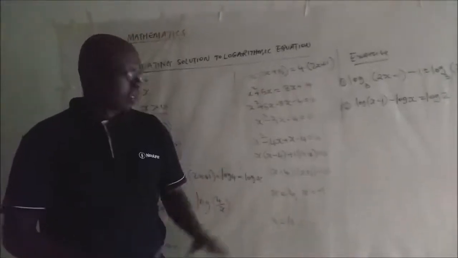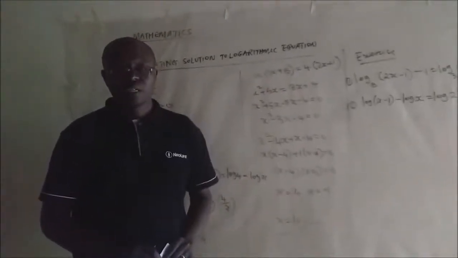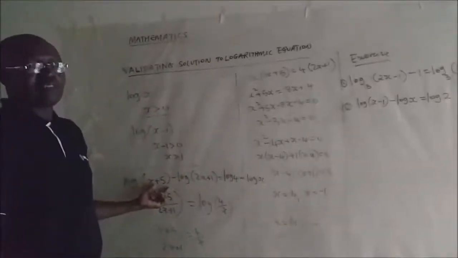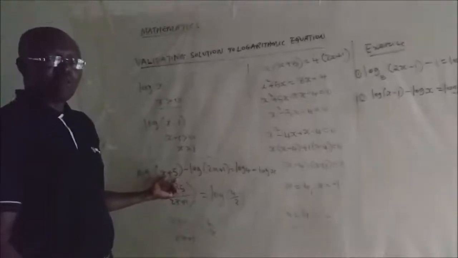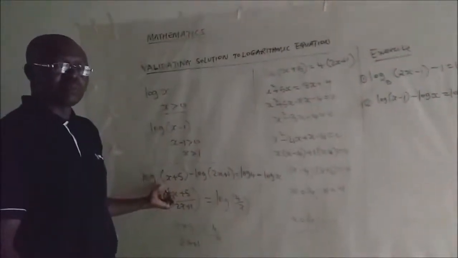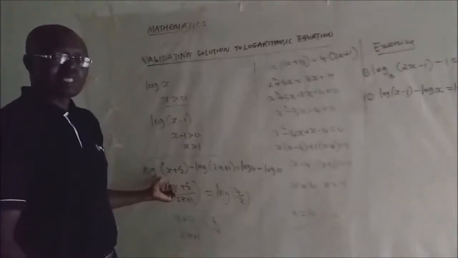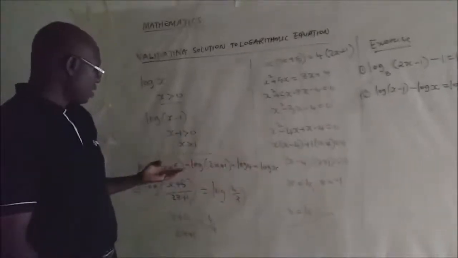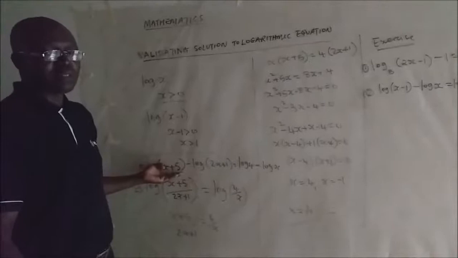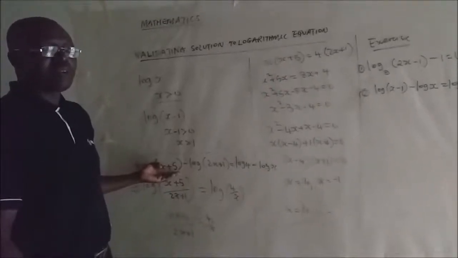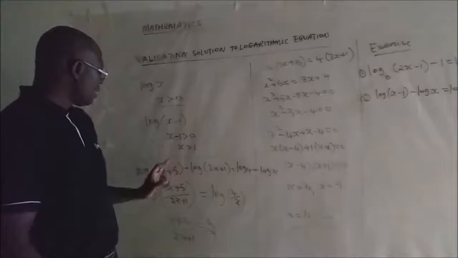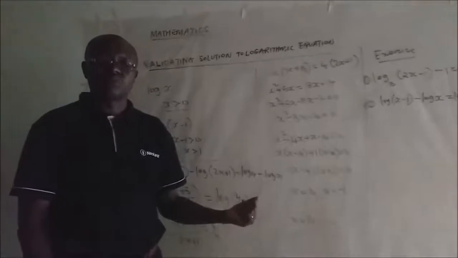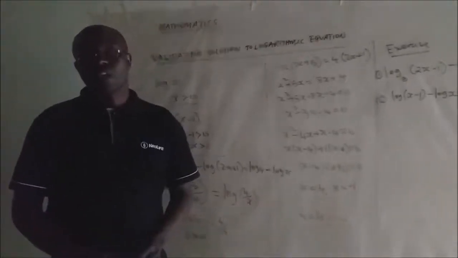Remember, whatever values of x that you get, you must test each value of x by substituting it into every argument of the log expression in the equation. Upon substitution, you will only accept that value of x if the argument turns out to be positive. If upon substitution in any argument you get a negative value, then you reject that value of x.